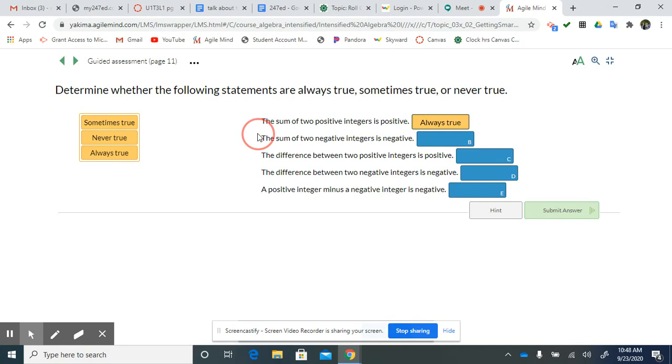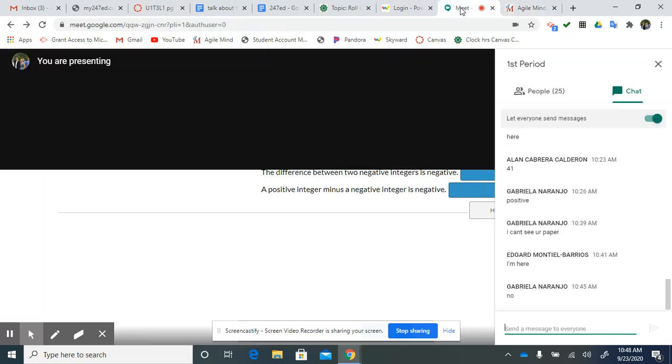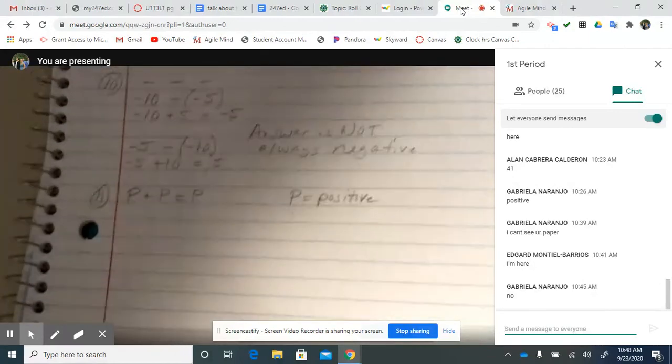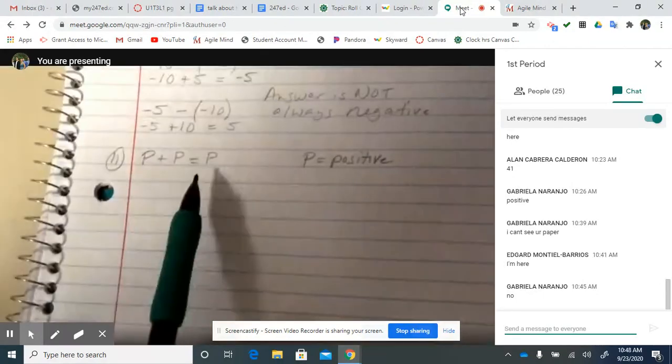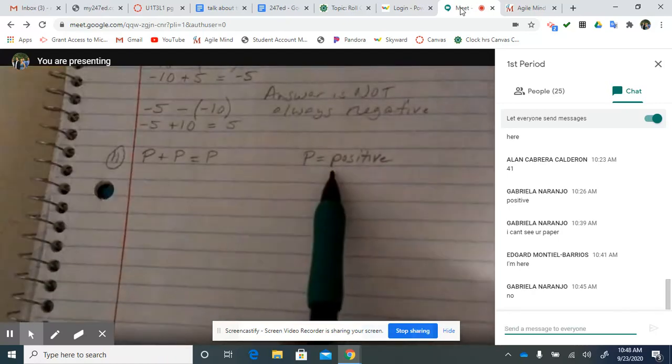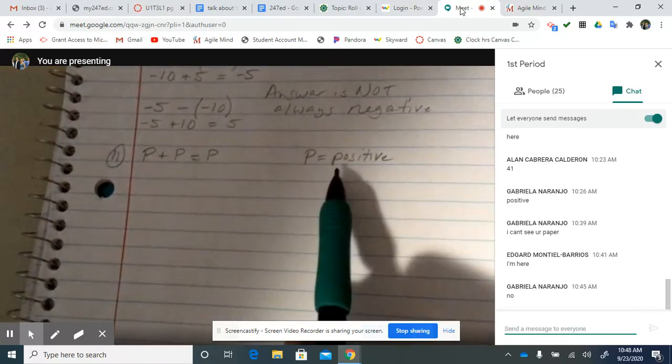That make sense? P plus P equals P, and P stands for a positive number.